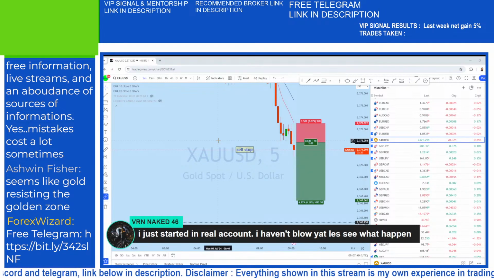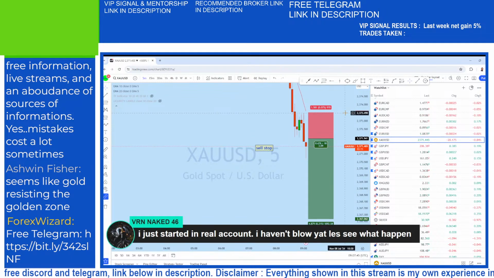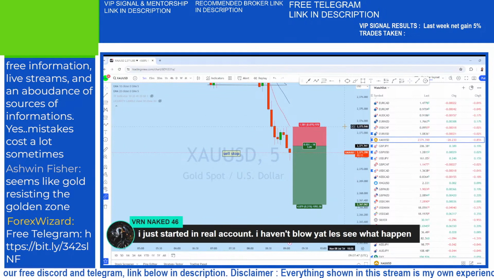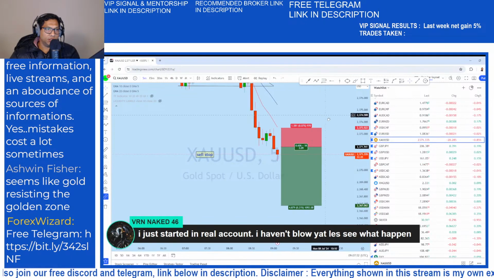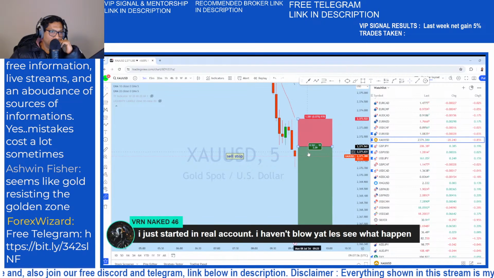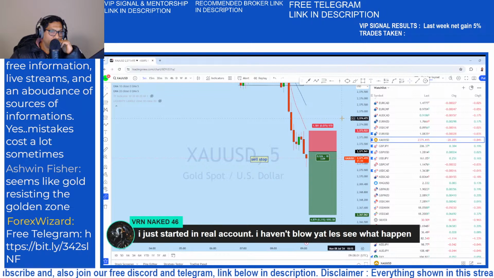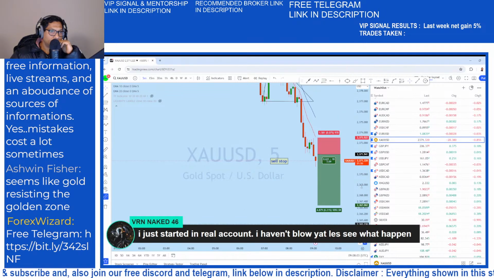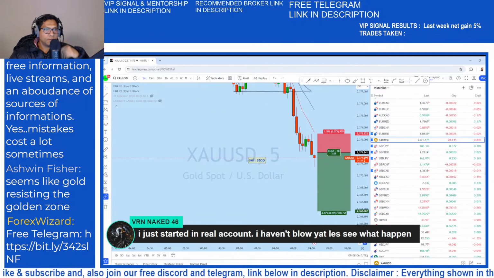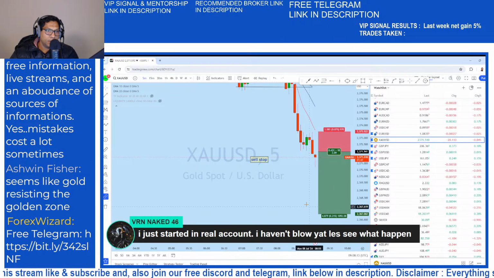Okay, guys. So we are short on gold, and with that trade, expecting it to drop down further. See where it is heading, and see that there is a gap opening. So as there is a gap opening, wanting to see that the market is breaking below to this support level.